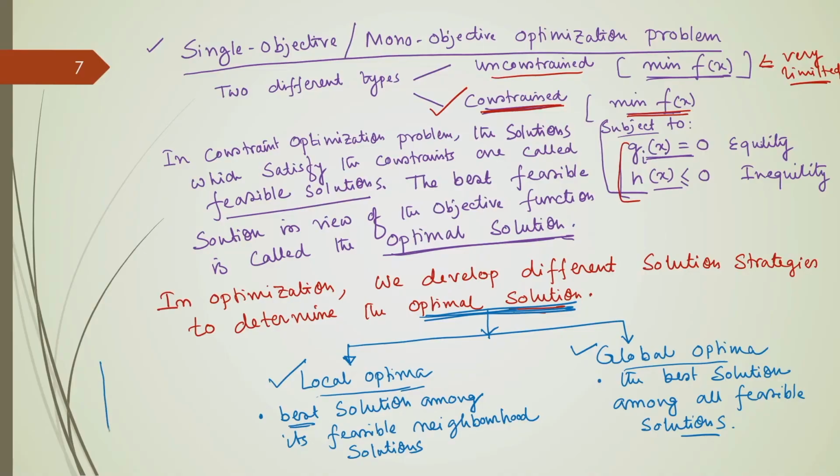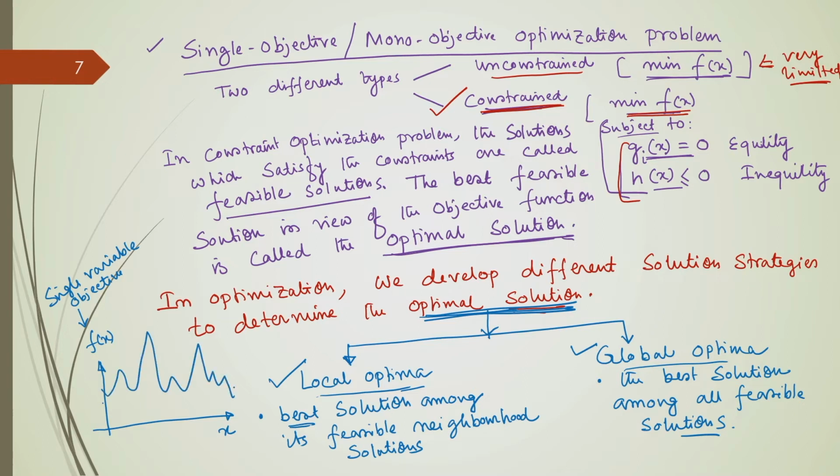Let us consider an unconstrained optimization problem. So, suppose this is f(x) and this is x. This is an example of a single variable objective. Now, if we plot this single variable objective with respect to the variable x, suppose the plot is something like this.